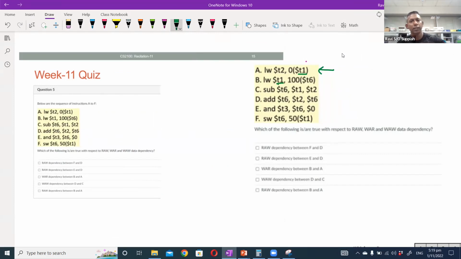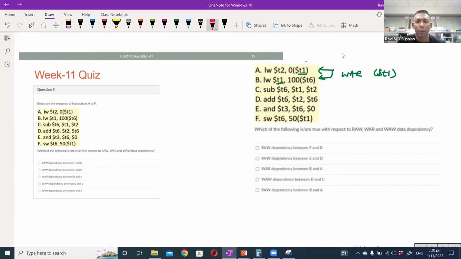So in this case, it is a write after a read between B and A. Write after a read, there is no issue, because you have already read the original value and you're using it, and then you're updating it in the subsequent instruction B. So that is fine.